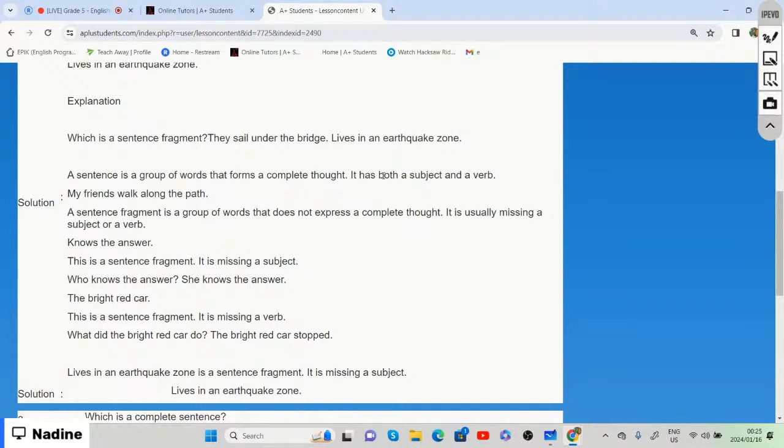It has both a subject as well as a verb. And a fragment does not express a complete thought. It's either missing a verb or it is missing a subject.